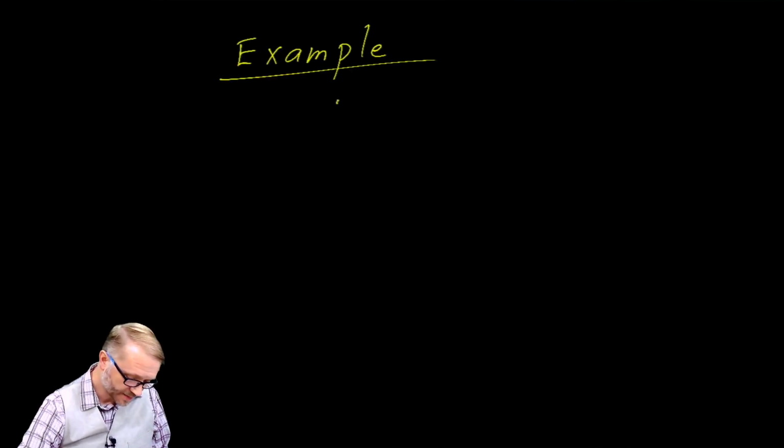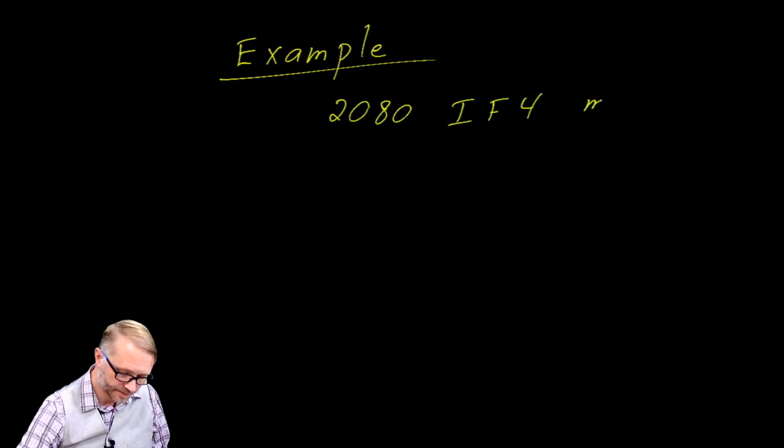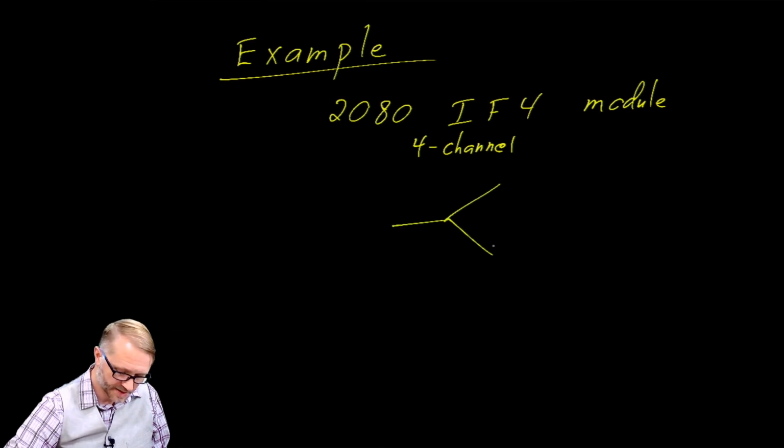One example is the 2080 IF4 plugin module. It is a 4-channel analog to digital converter. You could look at it this way. It is an analog to digital converter.